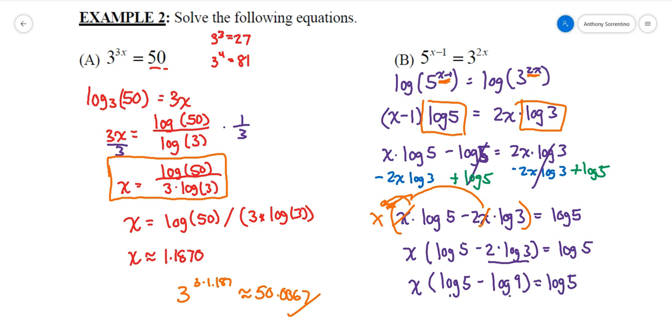Since these both are numbers now, me subtracting them would produce yet another number. And so I do have x times a number equaling a number. So from a basic equation standpoint, all I really need to do now is just divide both sides by the log of 5 minus the log of 9.